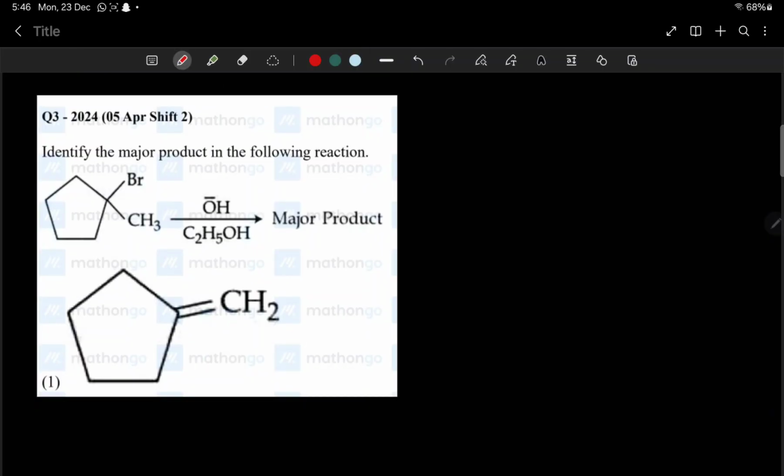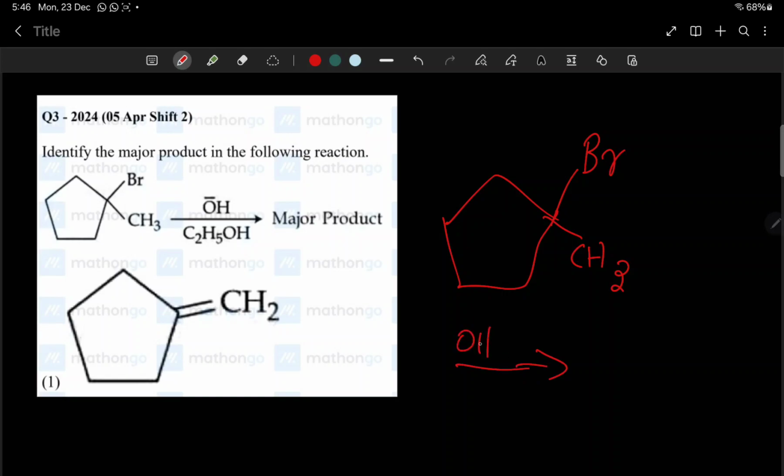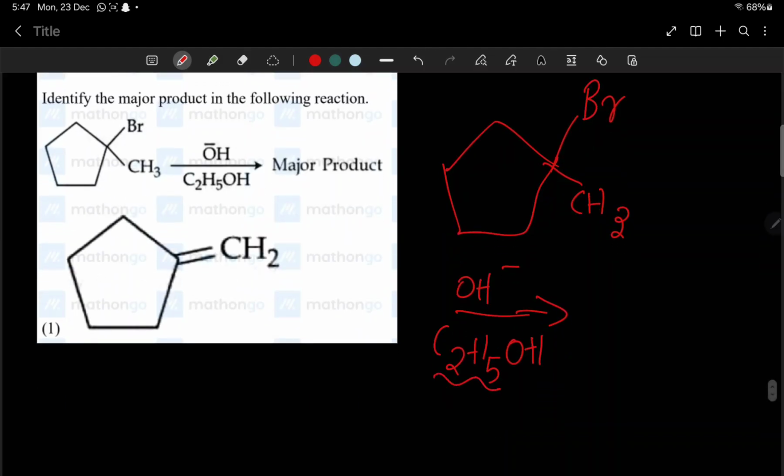Yes, in this question we have a compound. This is our compound. This compound is mixed with OH minus and C2H5OH. Now what happens? Yes, here we are having a polar protic solvent and alcohol.